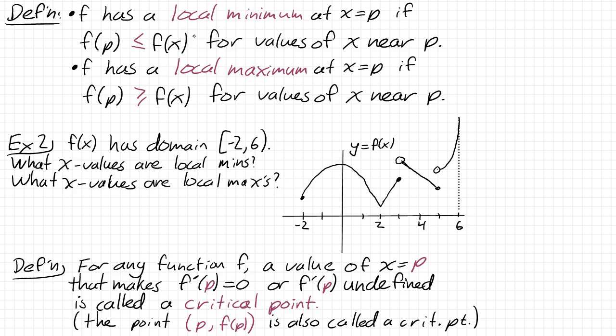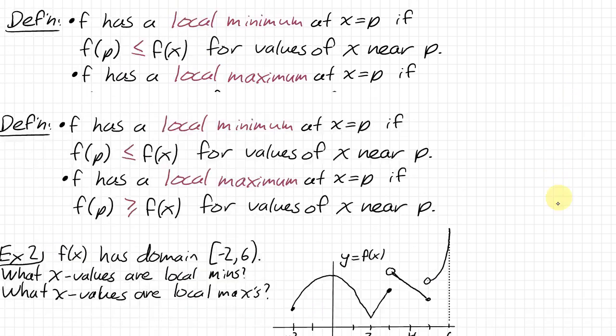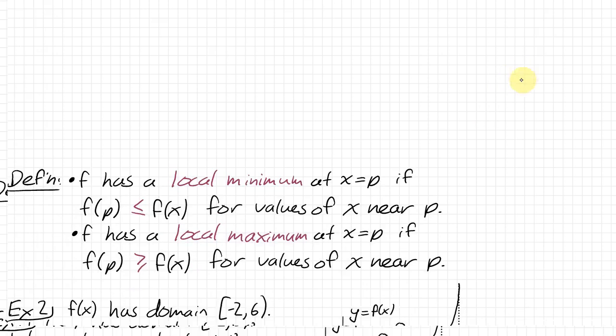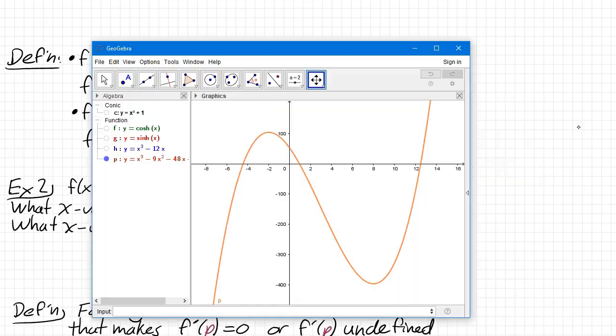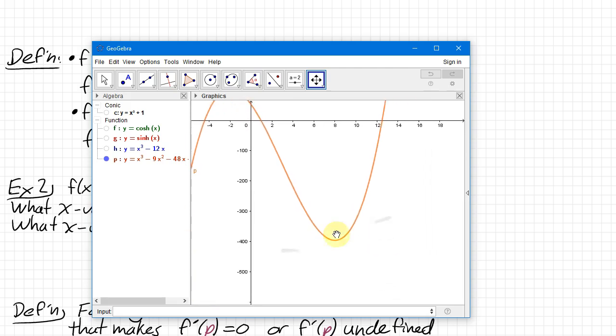So for example, let's look at the GeoGebra version. If we're talking about 8, plugging in x equals 8 gives you that result of -396 here.